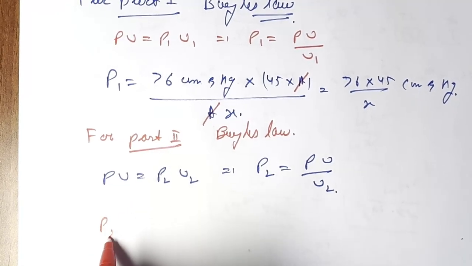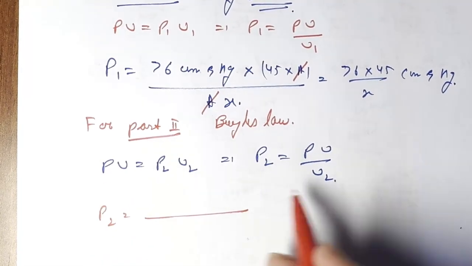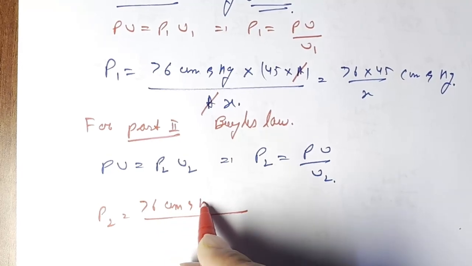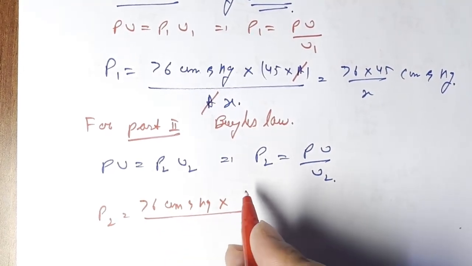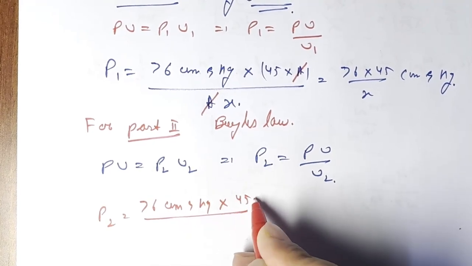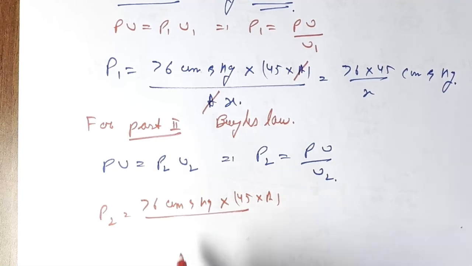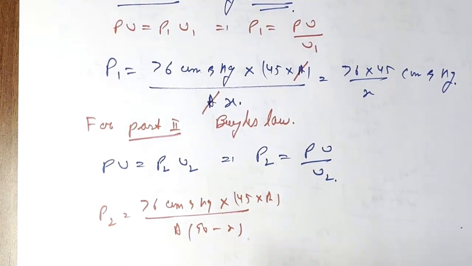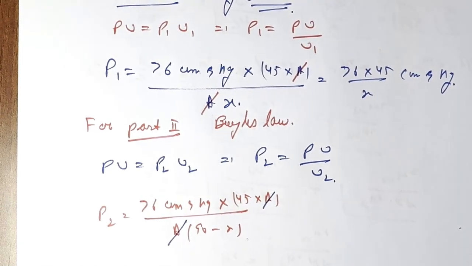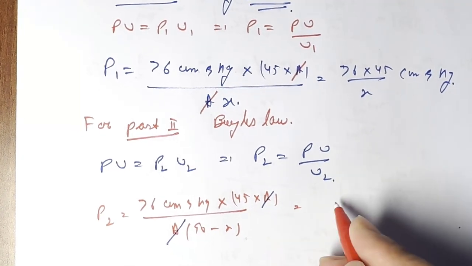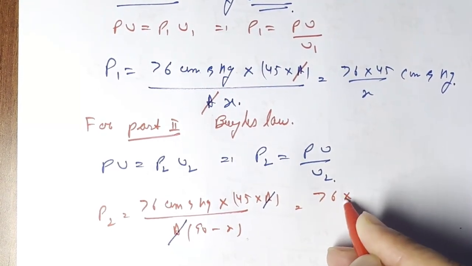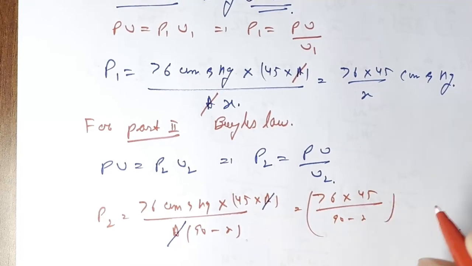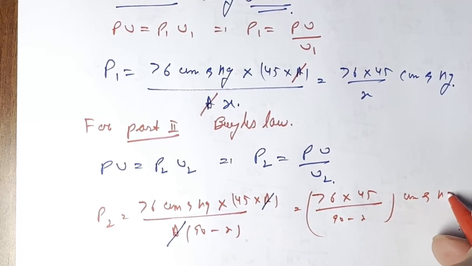We have 76 centimeter of mercury, and V is 45 multiplied by the area of cross section, and V2 is A multiplied by 90 minus X. Once again A and A cancel out, so this comes as 76 multiplied by 45 divided by 90 minus X centimeter of mercury.